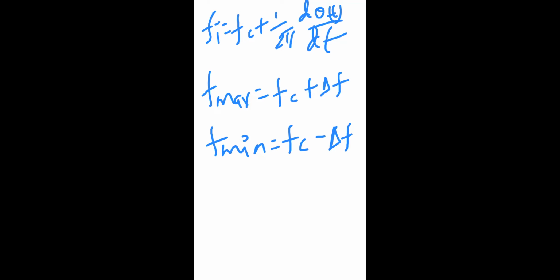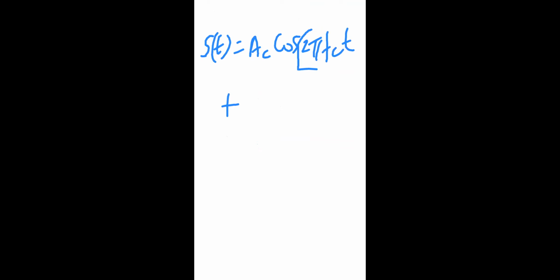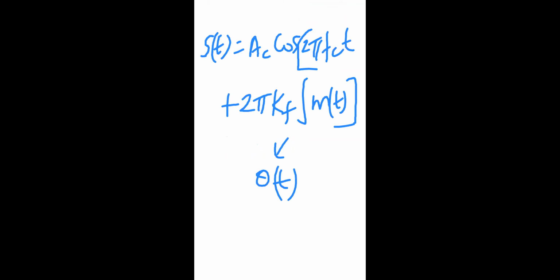Now I will write the FM equation. s of t is equal to ac cos 2 pi fct plus 2 pi kf integration m of t. In this case, 2 pi kf integration m of t is theta t, which we just now took as theta t.